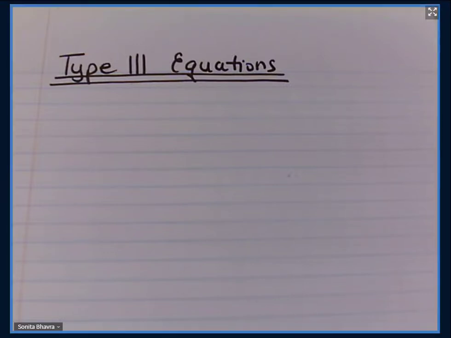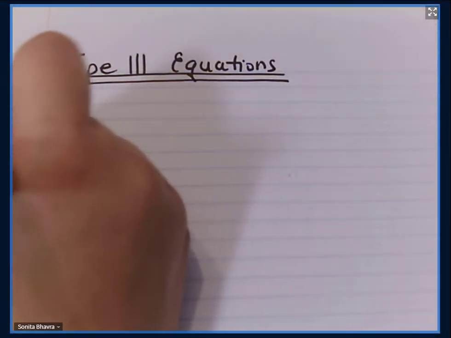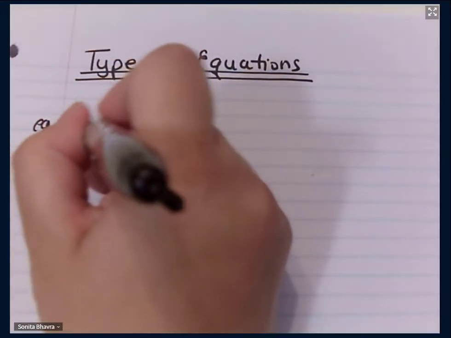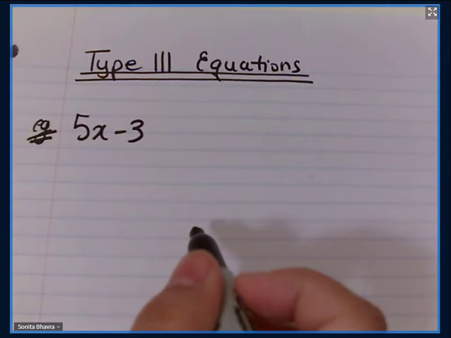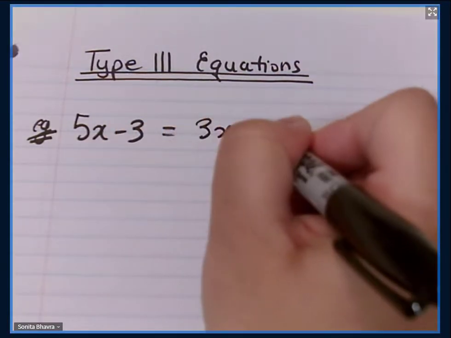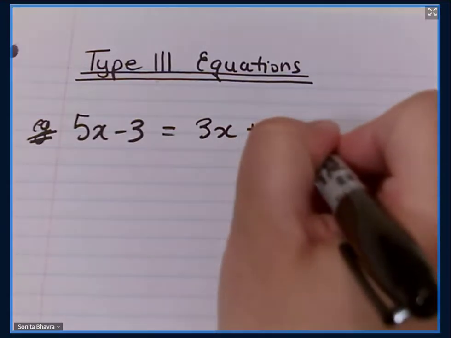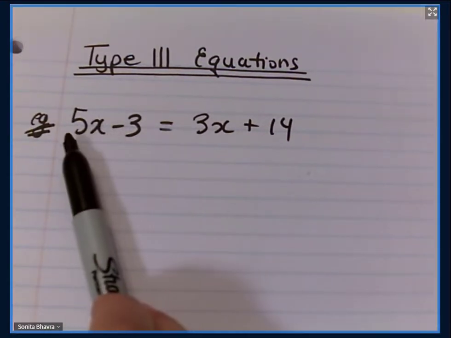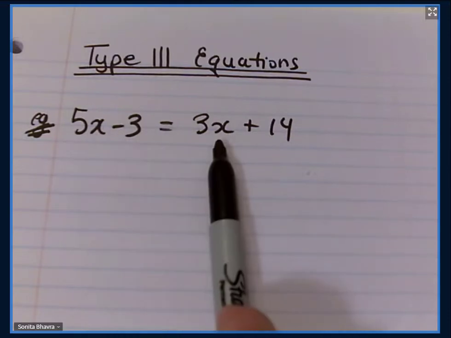So let's take a look at our first example. So we have here 5x minus 3 is equal to 3x plus 14. So what we see here is we have two groups, both of them with x.